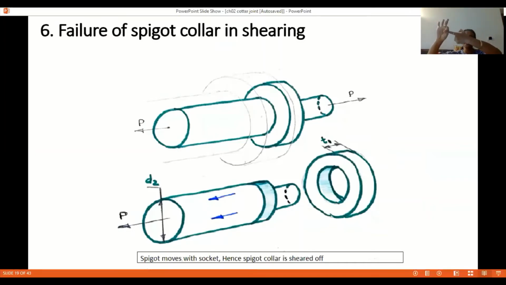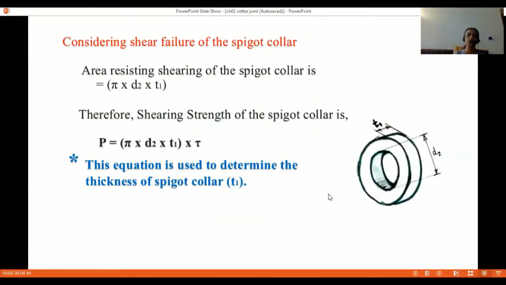So this is the circumferential shearing. Whenever there is a circumferential shearing, this area we need to consider. So the equation of the area resisting failure, which is a shear failure, will be equal to pi d into thickness. So the diameter here is d2.